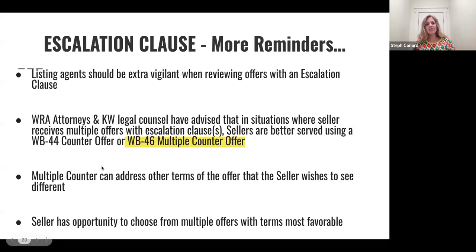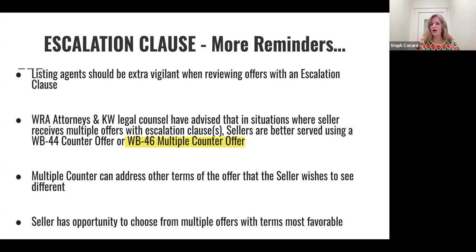Okay. Listing agents, more reminders. Listing agents should be extra vigilant when reviewing offers with an escalation clause. This is coming from KW Legal Counsel and more WRA attorneys, who have advised that in situations where sellers receive multiple offers with multiple escalation clauses, sellers are better served using a WB44 counteroffer or a WB46 multiple counteroffer.